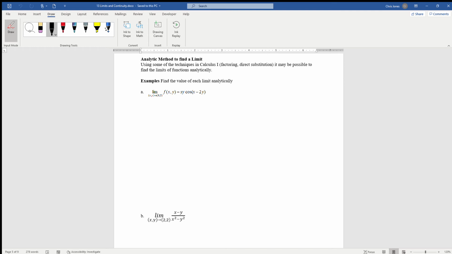So we have this first limit, as (x, y) approaches (6, 3), of our function f(x, y), which is xy cos(x minus 2y). Now the first thing that we always try, no matter what, is direct substitution. So that's going to be 6 times 3 cos of (6 minus 2 times 3).